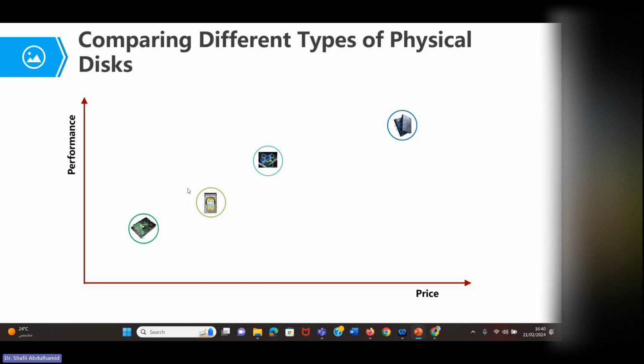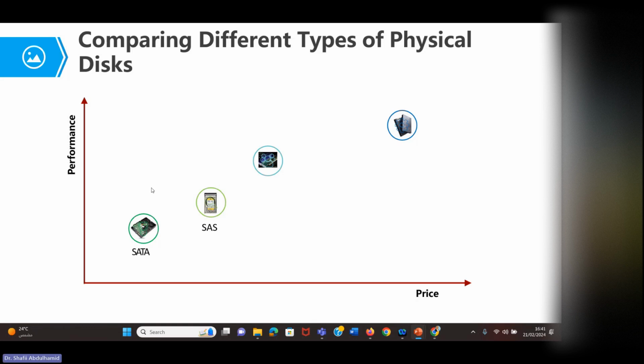So this chart tries to compare them in terms of performance. The SATA disk has lower performance and lower price. Then followed by the SAS, maybe NL SAS, yeah, this is SAS.